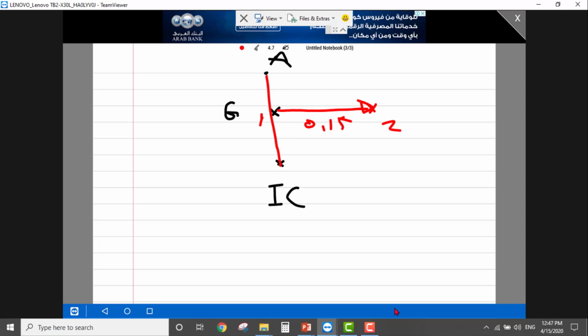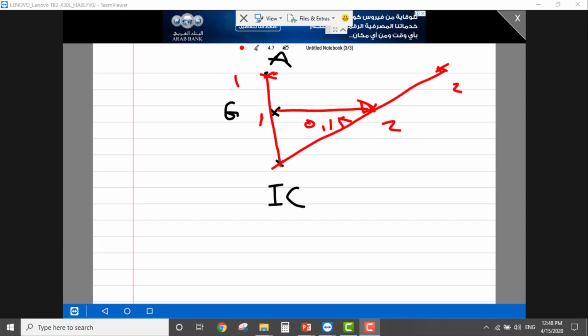Now where is the new location of A? The new location of A will be at a certain location here after a certain time. So this is the initial location, and here is the final location.